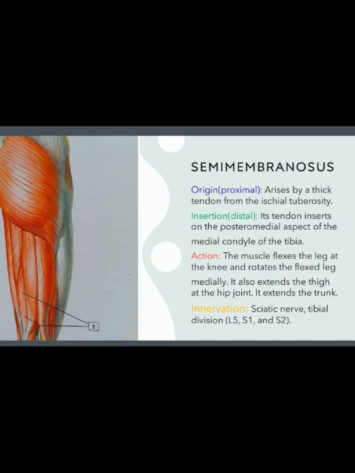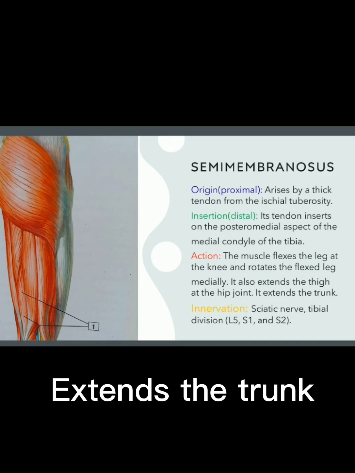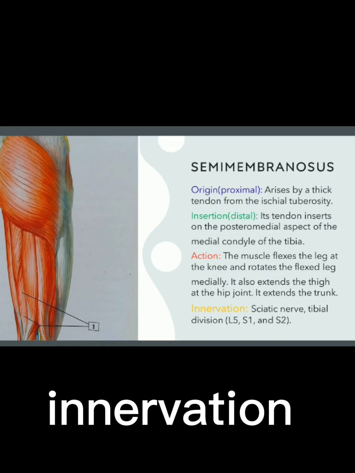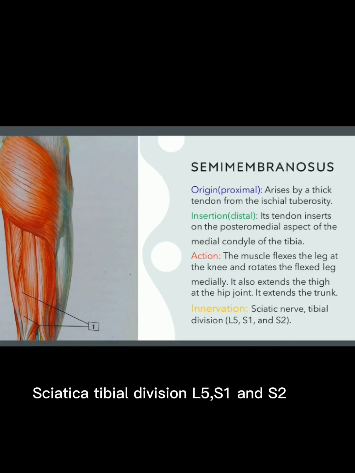It also extends the thigh at the hip joint. Also, it extends the trunk. Innervation of this muscle is also the sciatic nerve, tibial division L5, S1, and S2.